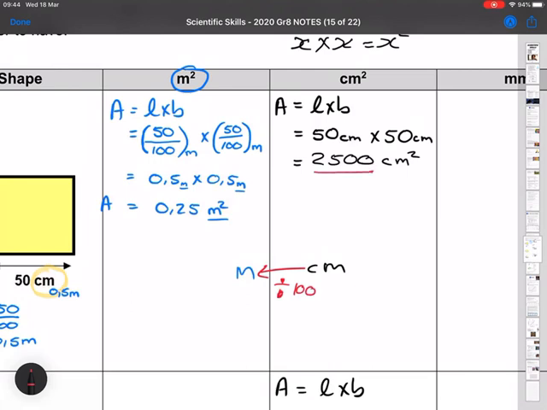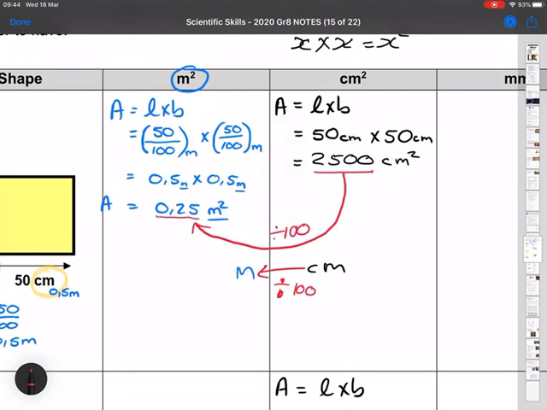Now if you take 2,500 and you divide it by 100, do you get 0.25? You actually get 25. So if I just took 2,500 and I wanted to convert my answer into meters, you cannot just divide by 100, because if you did, you'd get 25, and 25 is not the same as 0.25.